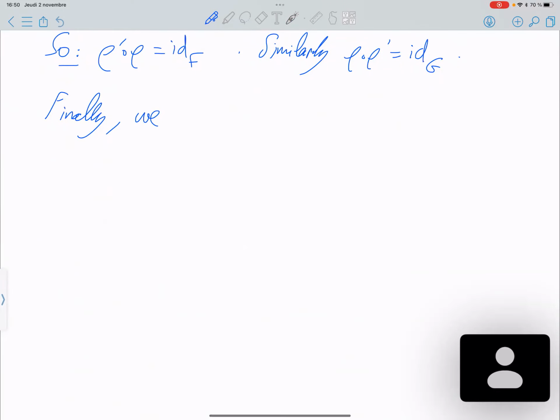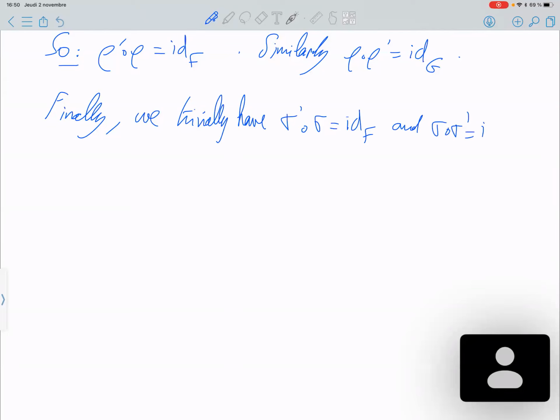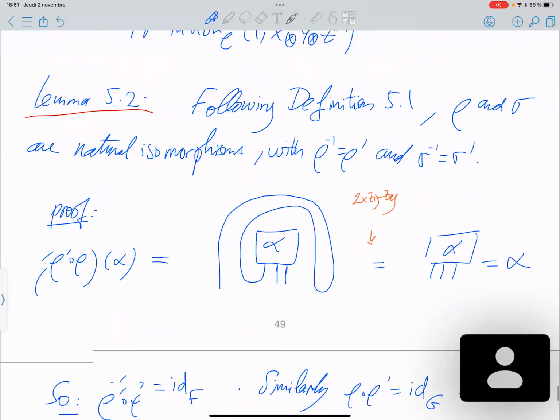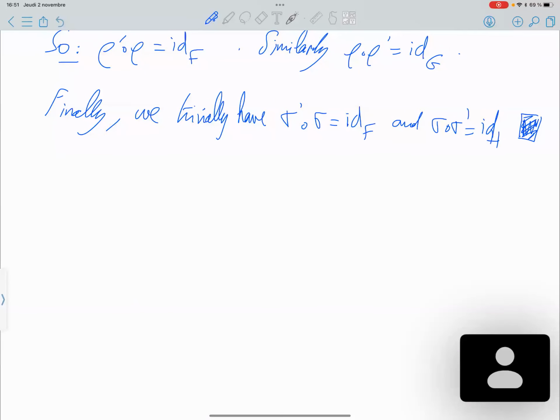We trivially have sigma prime composed with sigma equal to the identity of the functor f, and sigma composed with sigma prime equal to the identity of the functor h, which is what we wanted to prove in this lemma. Okay. That was straightforward.